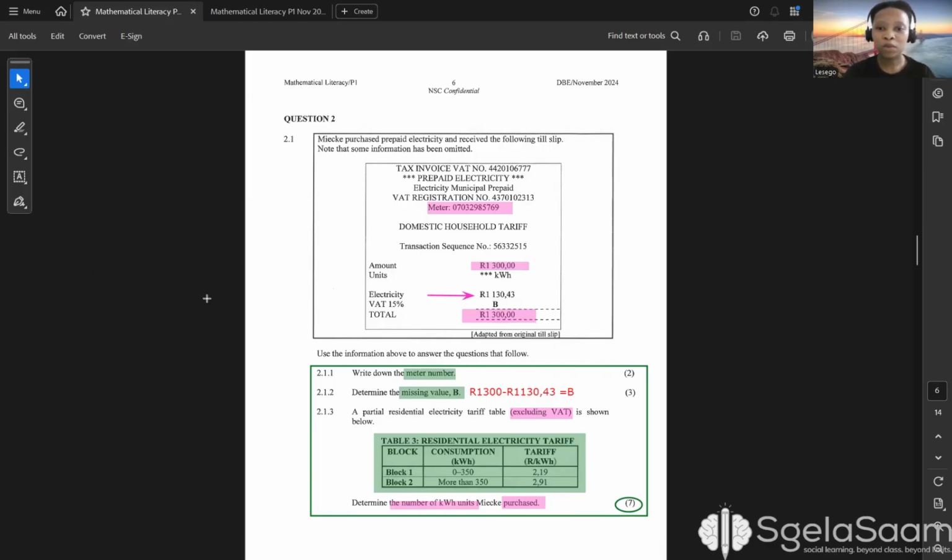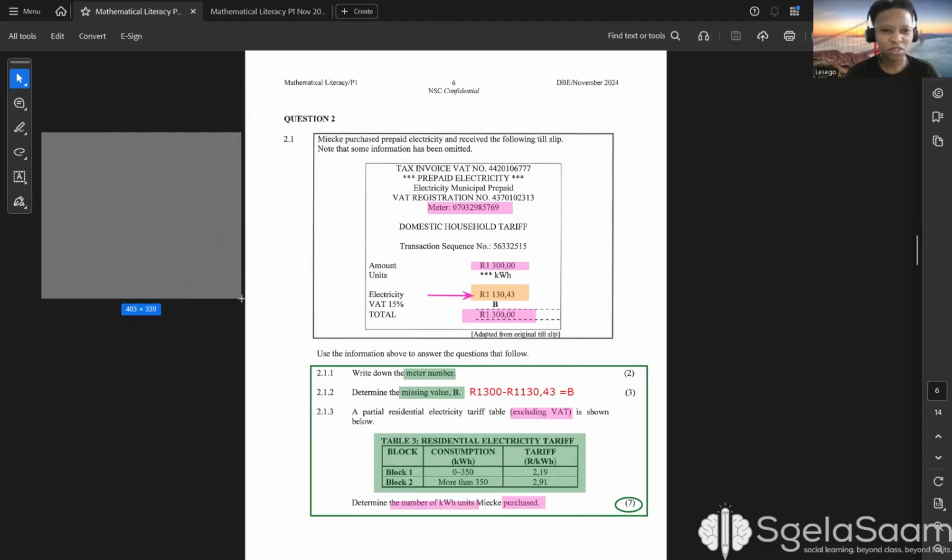This is the amount that we'll be working with, 1,130.43. So we'll have a quick calculation here. Just so as not to cover the important information, we'll write it here. I hope it's visible.